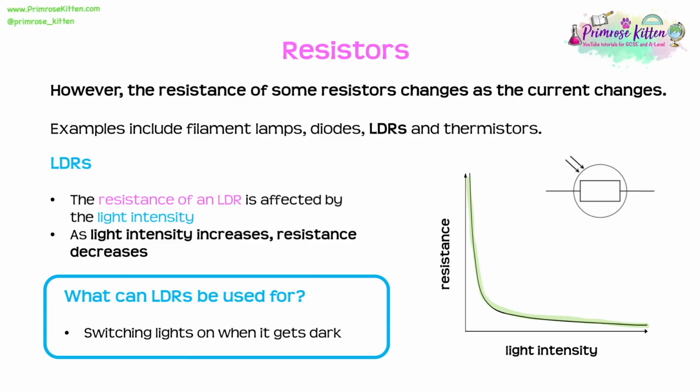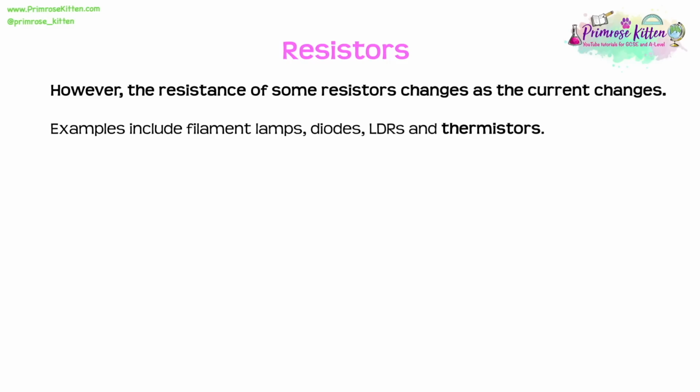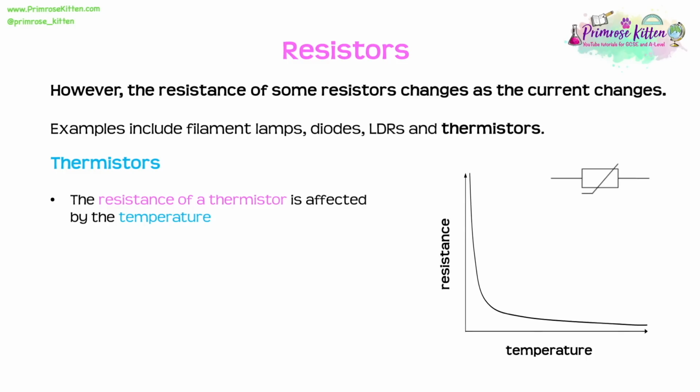The last resistor we're going to have a detailed look at here is the thermistor. The thermistor is very similar to an LDR in how it behaves, except instead of light intensity, they're affected by temperature. So the resistance of a thermistor is affected by the temperature. And we'll see that as temperature increases, the resistance decreases.